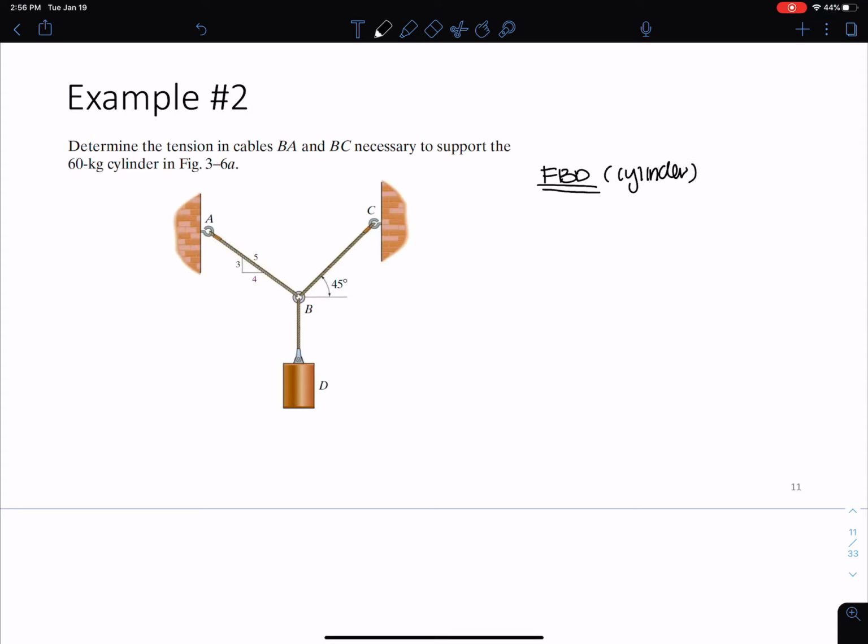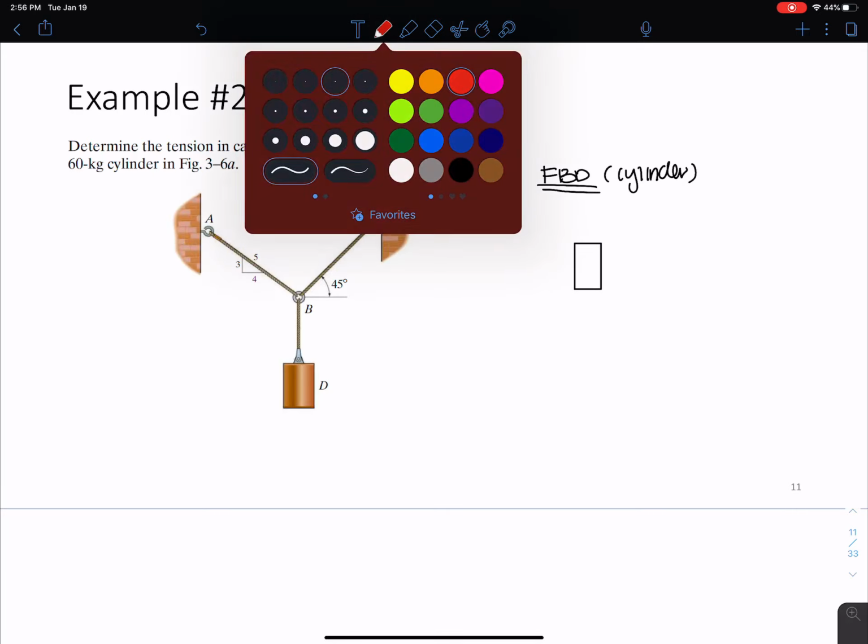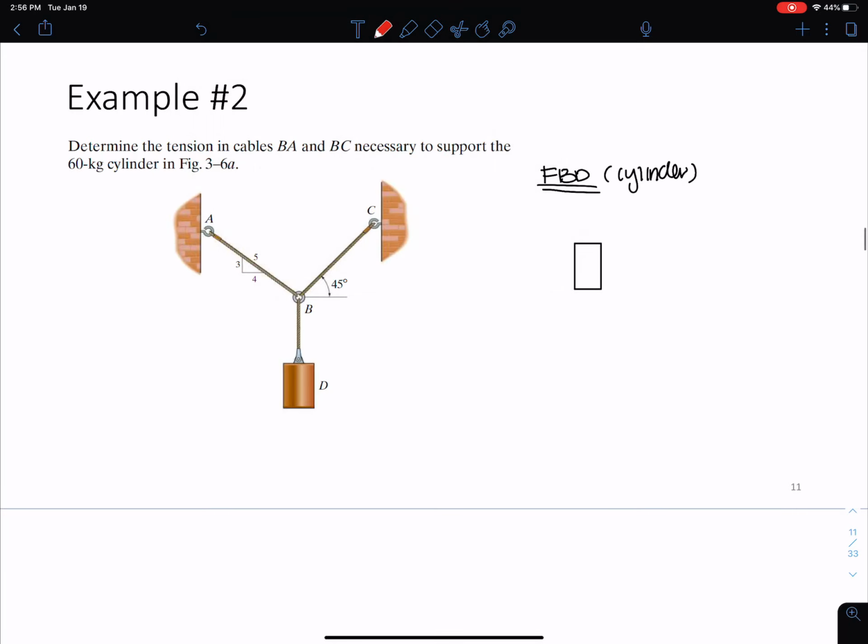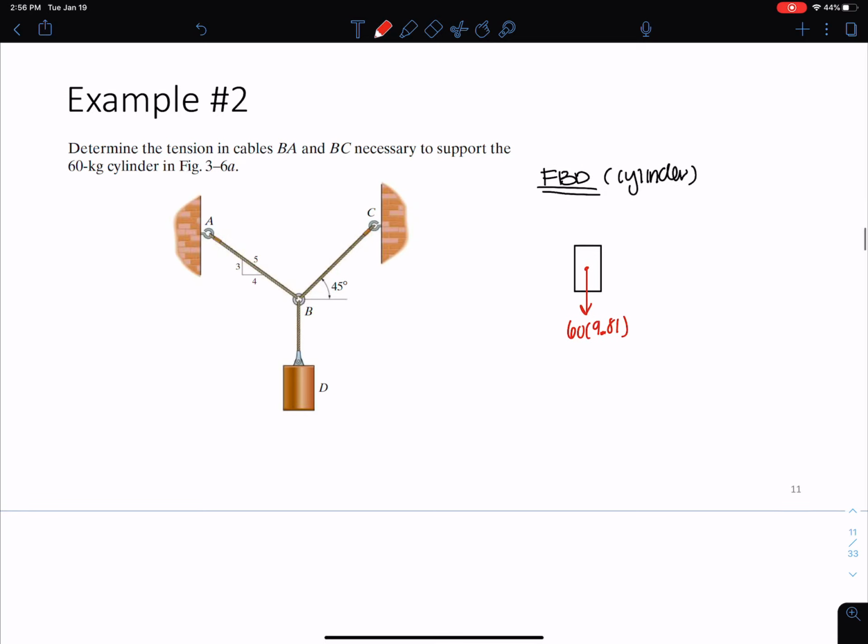Okay, so I have the cylinder, let's say here, and all I really have is the weight of the cylinder, right? Which is going to be 60 times 9.81. And then I have that tension in the cable above, so I'm going to call this FBD.